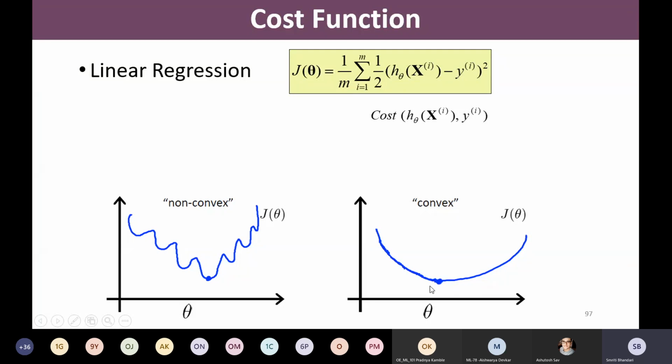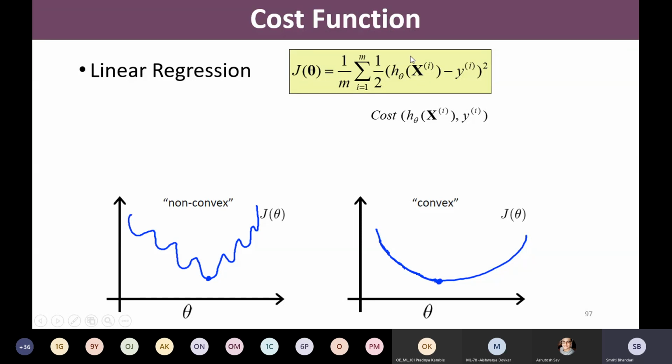There are no local minima for a convex function. To minimize our cost function J of theta using gradient descent, the essential condition is that our cost function should be convex.